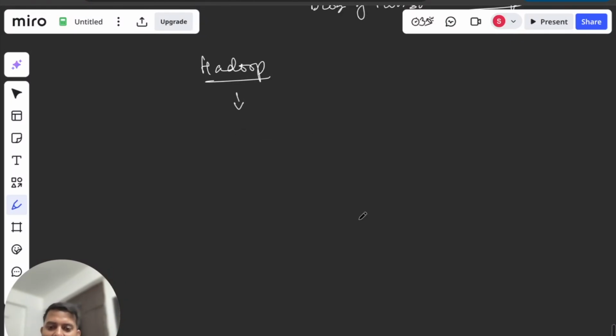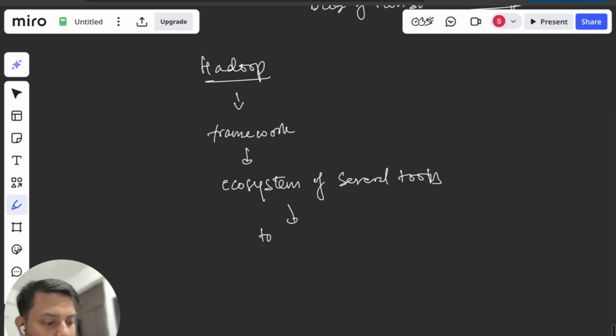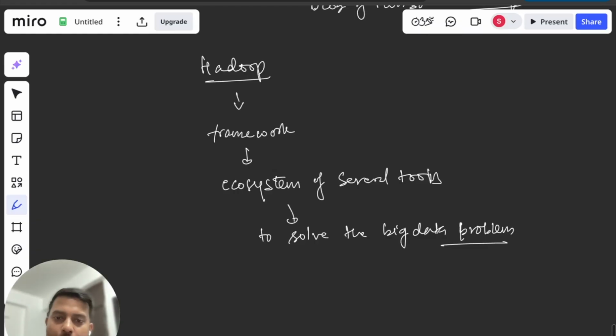And it is a framework because it is not just a single tool, but a combination or ecosystem of several tools, just to solve the big data problems. Yeah, that is what Hadoop is.